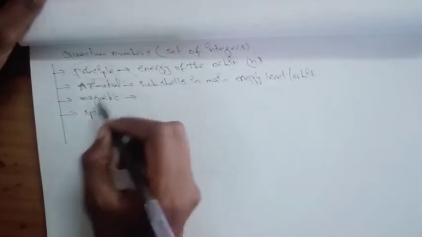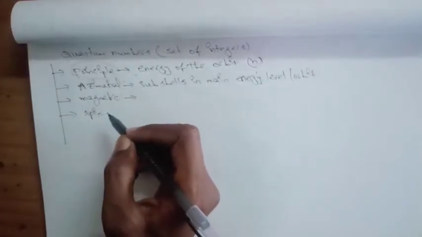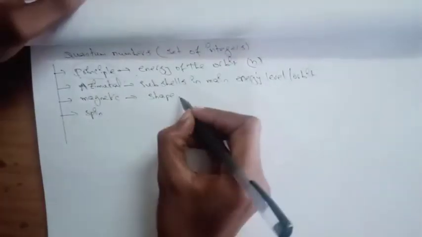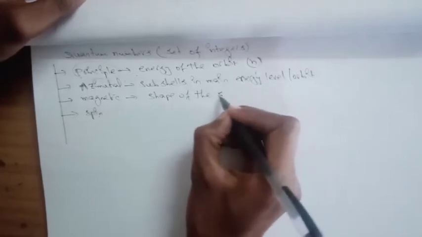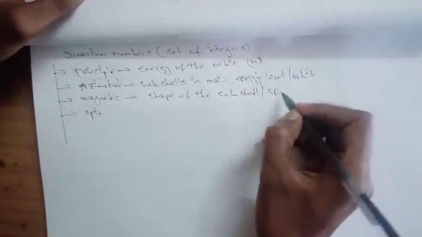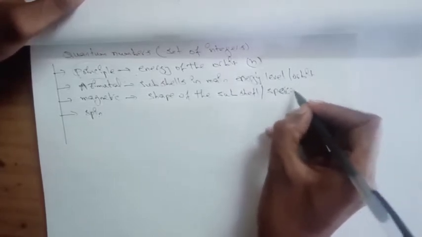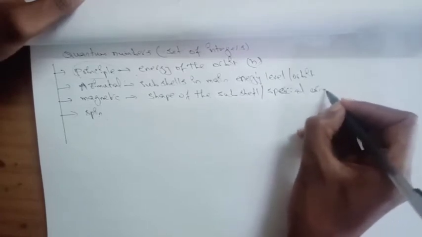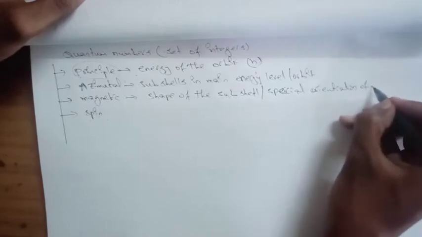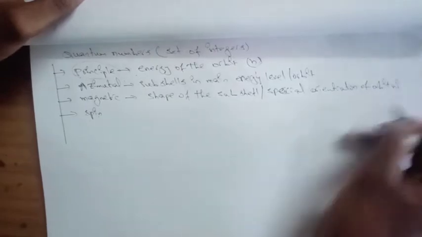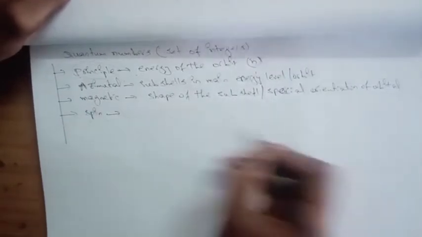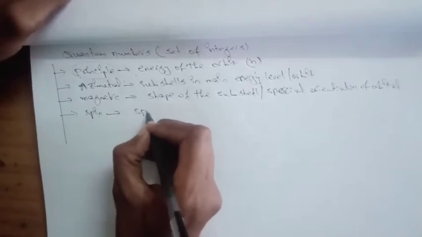The magnetic quantum number defines the shape of the subshell, which is called the spatial orientation of the orbital. And the spin quantum number defines the spin of the electron.